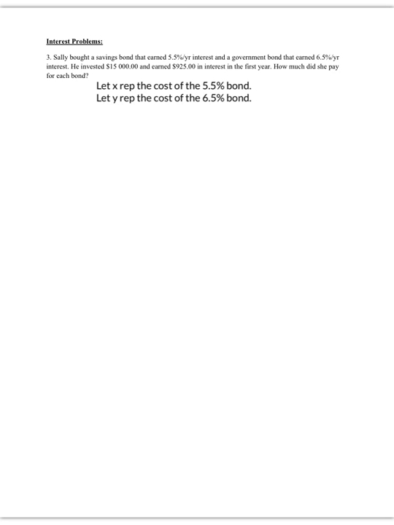So our two variables that we need to find are how much the 5.5% bond cost and how much the 6.5% bond cost. So we know that she invested in total $15,000. So the amount deposited into the first bond plus the amount deposited into the second bond has to equal $15,000.